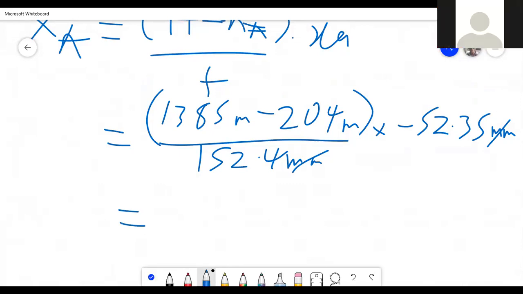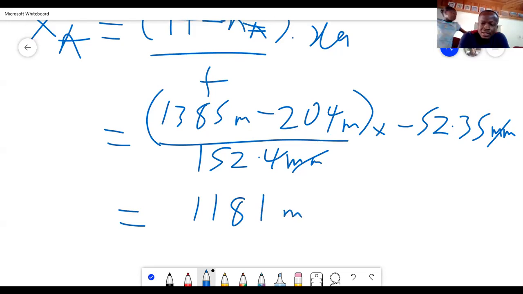Flying height minus the elevation. What do we get at the top? We get 1181 meters. So our answer is going to be in meters: 1181 times minus 52.35.